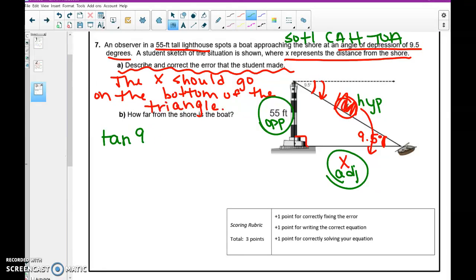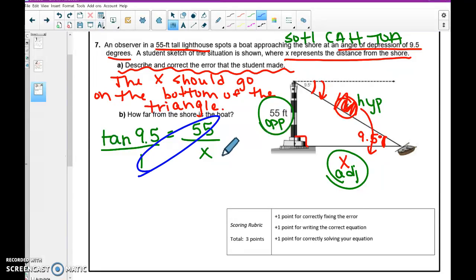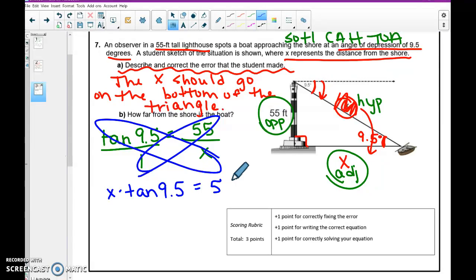So tangent of 9.5, yes, you can use decimals, equals 55 over X, because opposite over adjacent, remember it's TOA. This is regular trig because you're solving for a side, so put this over 1 and start cross multiplying. 55 times 1, X times tangent 9.5 on the other side. 55's over here. Okay, so you should have had it set up like this.